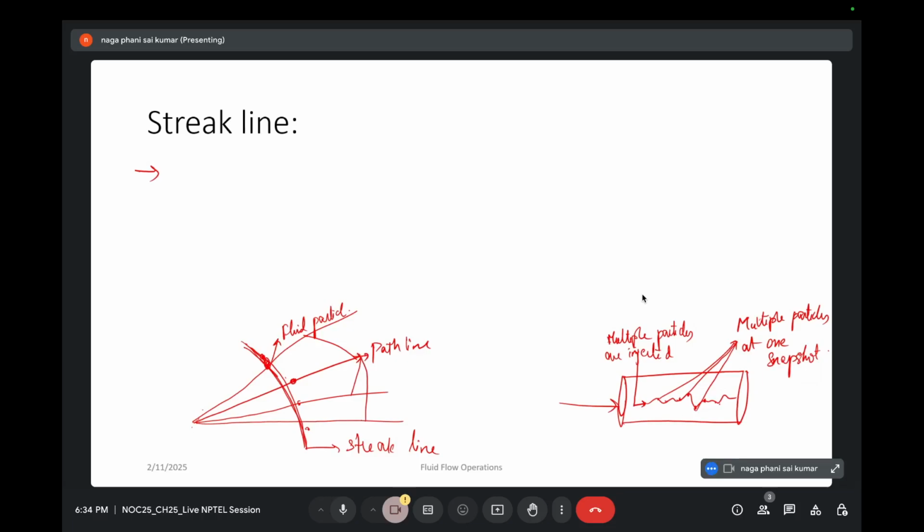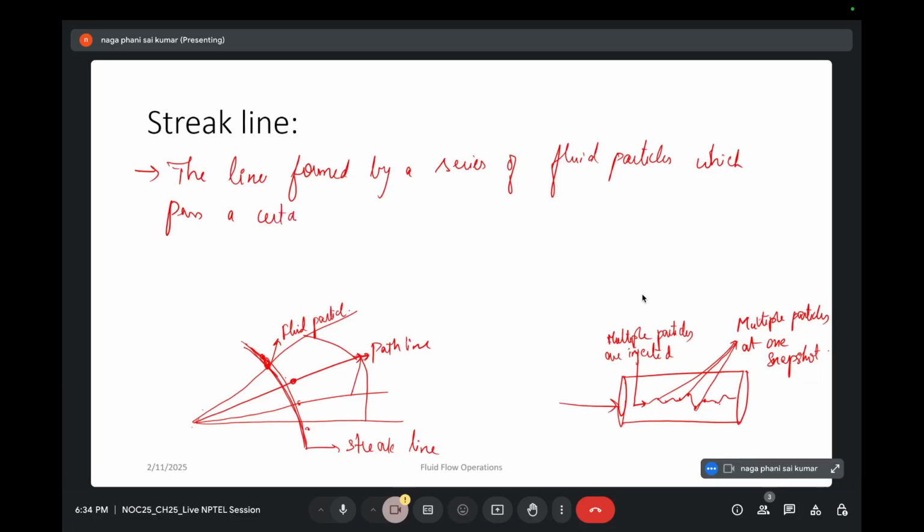These are the path lines. The line formed by a series of fluid particles which pass a certain point in the stream, one after another.